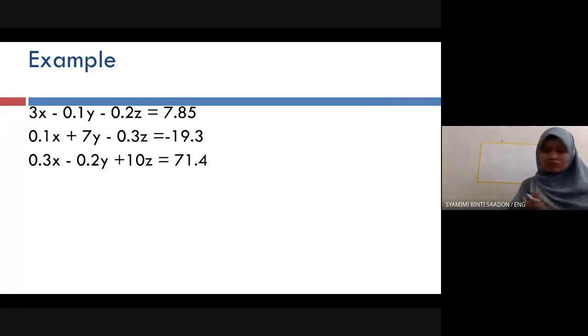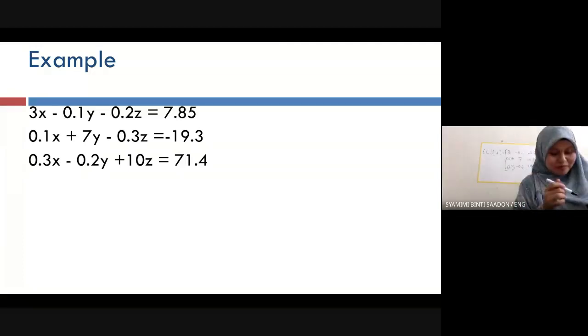Okay, so you will get LU if we multiply that. 3, minus 0.1, minus 0.2. This is the same. This one 0.099999, 7, minus 0.3, 0.3, minus 0.2, and 9.9999.